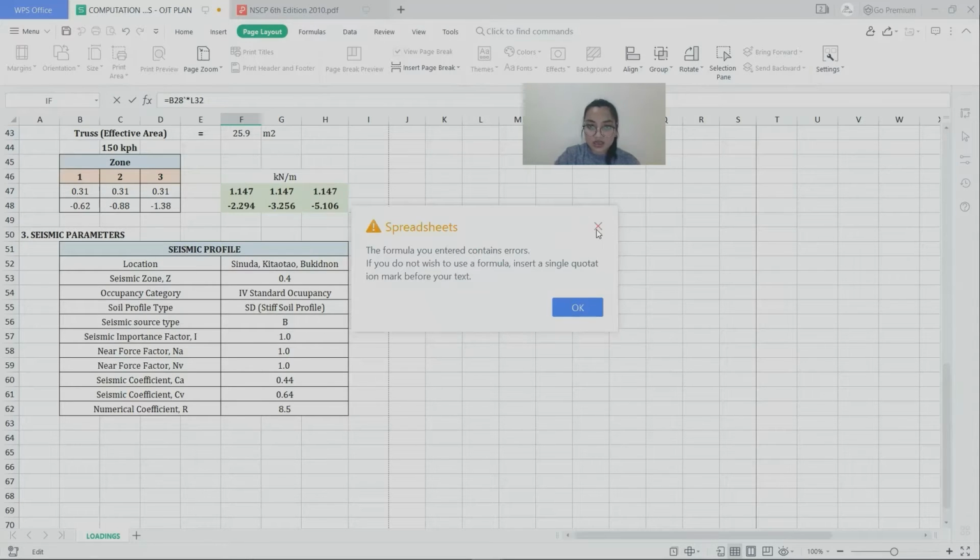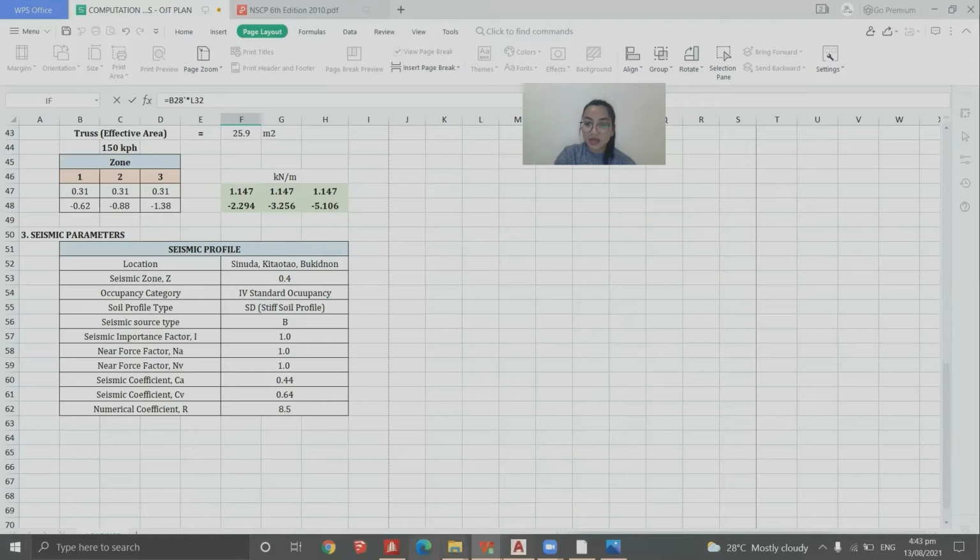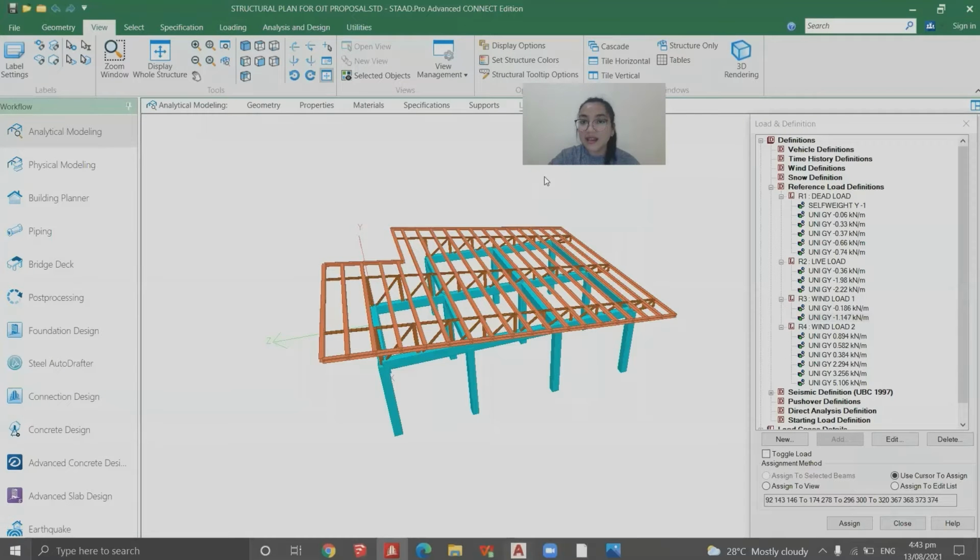Ang location niya is Sinuda, Kitaw-Taw, Bukidnon. Seismic zone 0.4. Occupancy category is 4. Then we have the soil profile type as D, the seismic source type D, seismic importance factor 1, near source factor NA and V is 1. And then we have seismic coefficient Ca 0.44, Cv 0.64, and numerical coefficient or R 8.5. So these are the values na gi-apply nako sa STAAD.